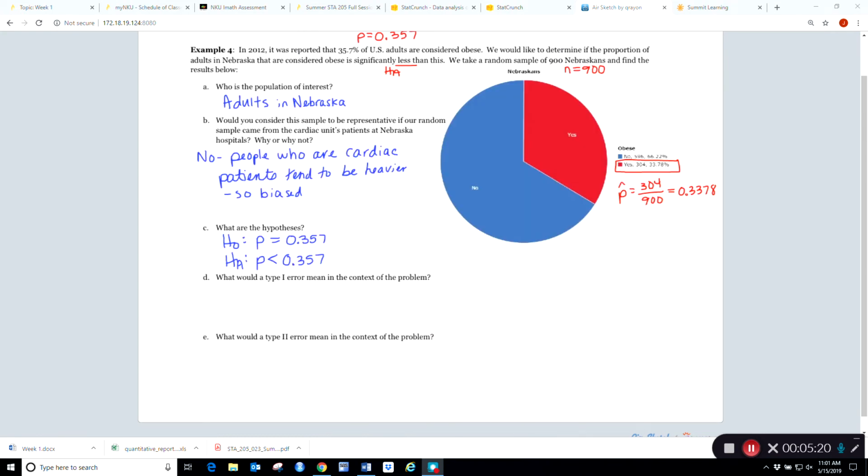So if we reject the null, instead we're going to believe that less than 35.7% of our adults in Nebraska are obese, when in fact it isn't less than that.